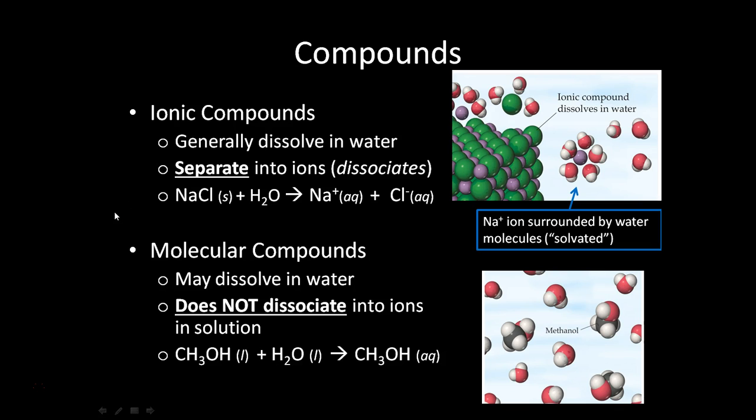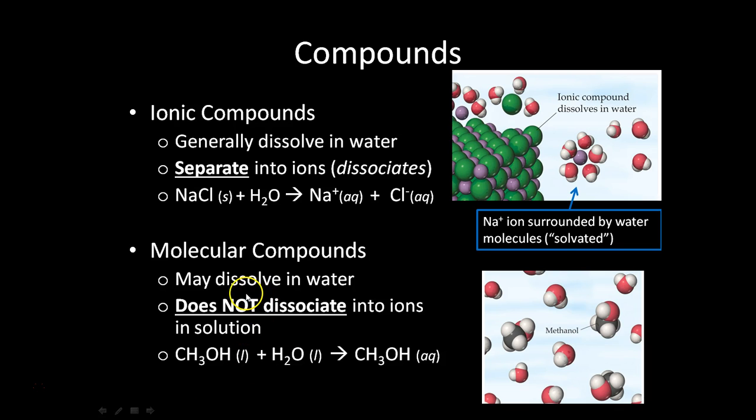So aqueous solutions that contain ions can conduct electricity, and so they're called electrolytes or electrolytic solutions. Something like sugar, sucrose, is a molecularly bonded molecule. It's not an ionic compound.